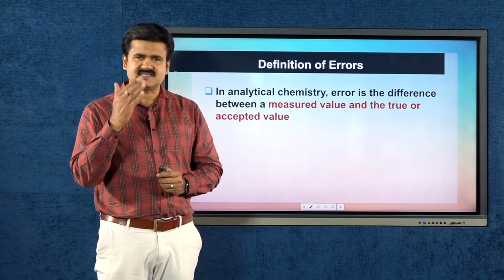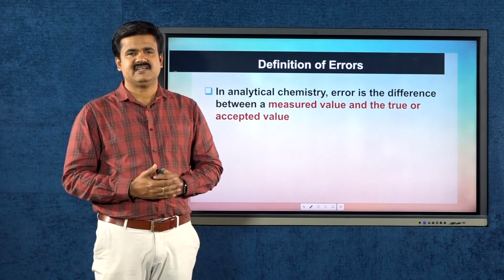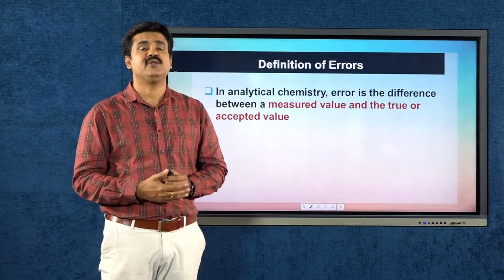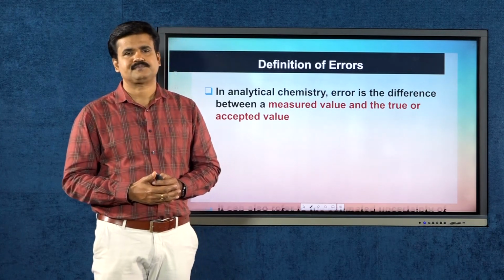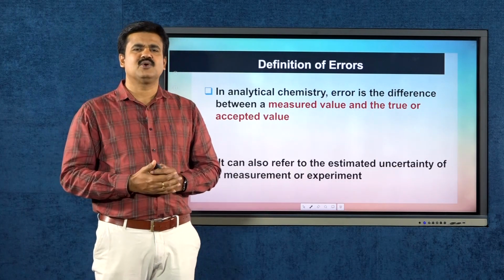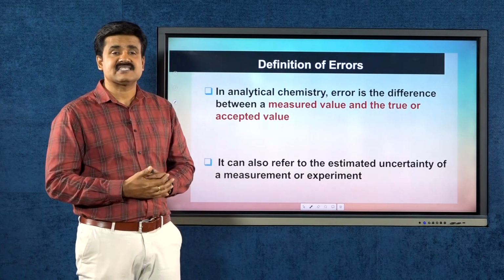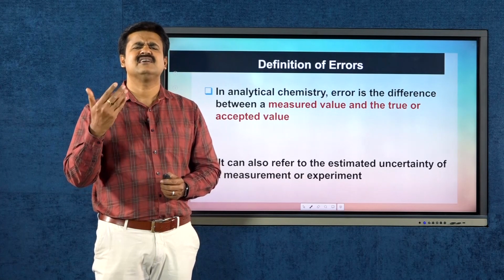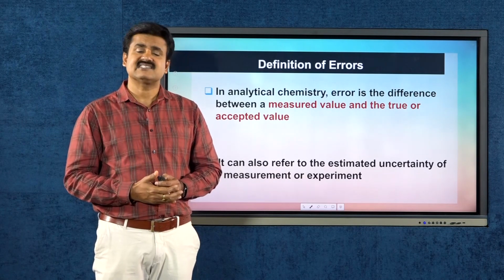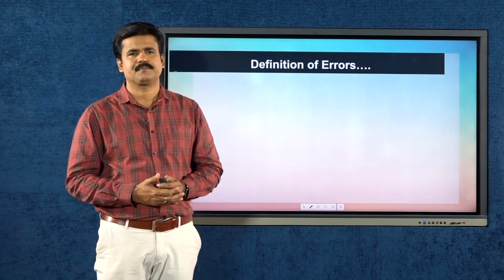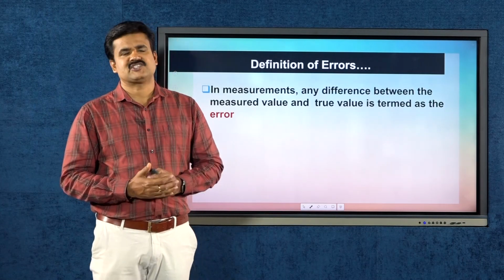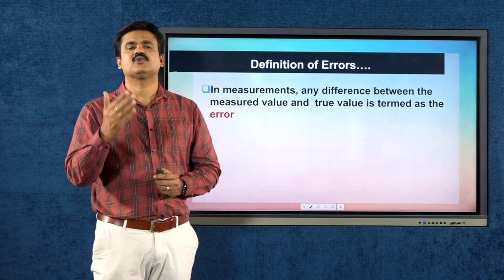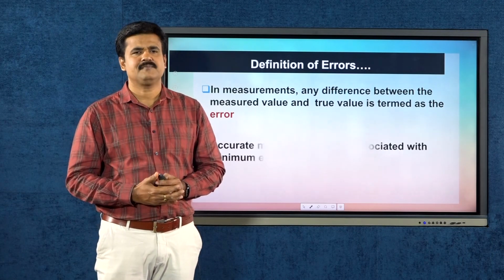So, simply, error can be defined as the difference between the measured value and the true or accepted value. It can also refer to the estimated uncertainty of a measurement or experiment. Higher the error, higher will be the uncertainty in measurement. Now, in measurements, any difference between the measured value and the true value is termed as the error.